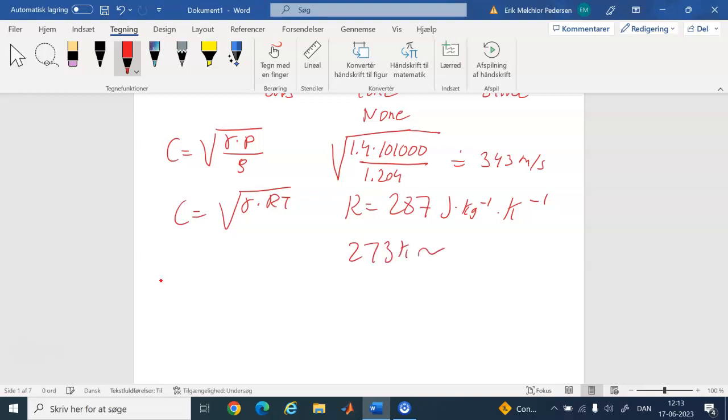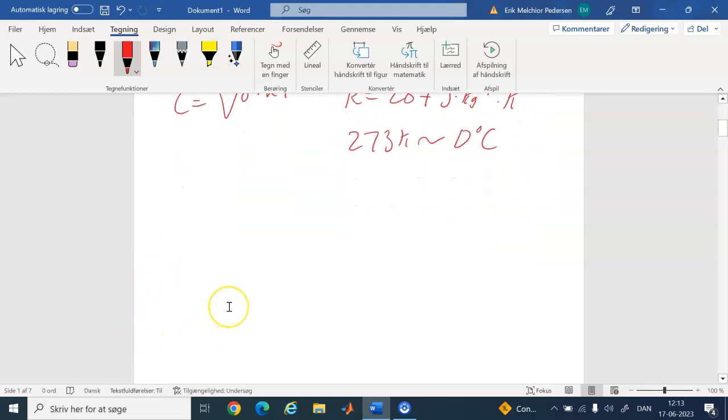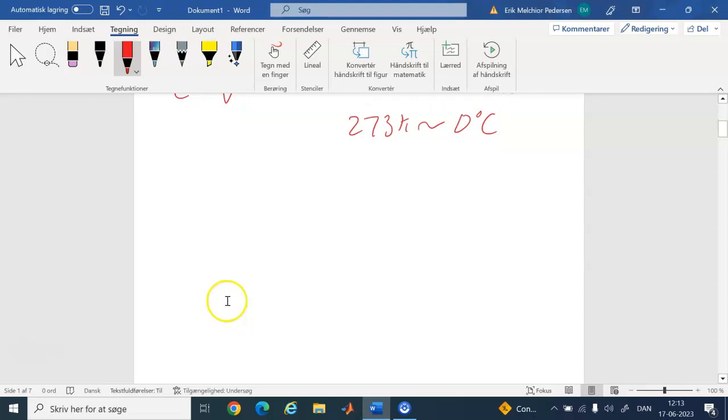Kelvin is about 273 Kelvin is about 0 Celsius. Okay, and just to say that temperature has an impact on the speed of sound and therefore the frequencies.